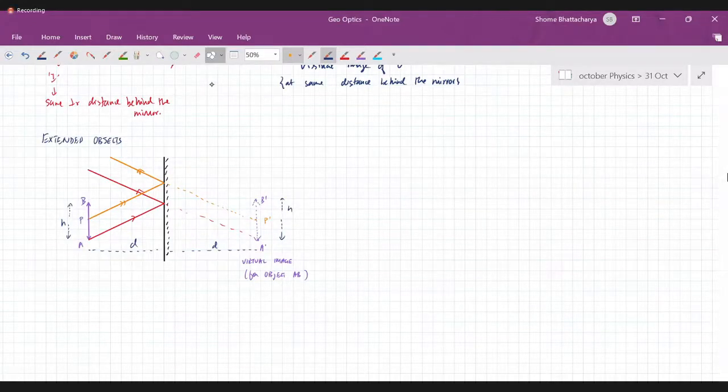We are discussing in context of plane mirror only.